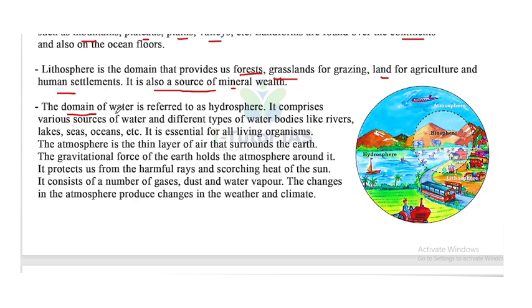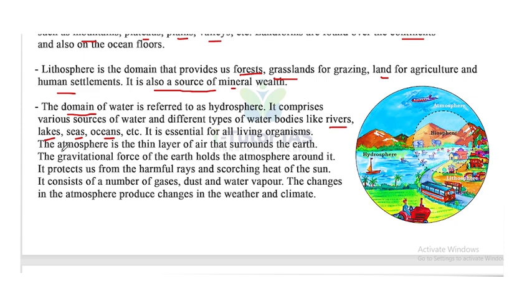It comprises various sources of water and different types of water bodies like rivers, lakes, seas, oceans, etc. It is essential for all living organisms. We know water is an essential thing for all living organisms. So that's about the hydrosphere.